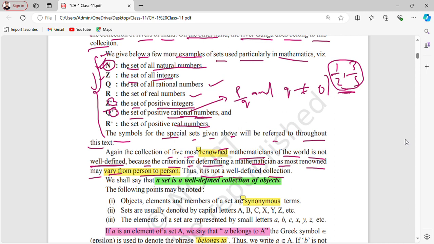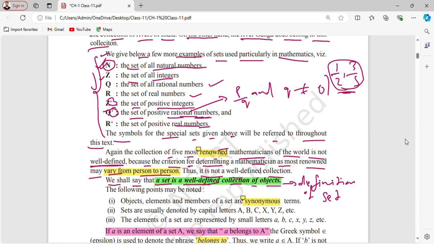So we shall say that a set is a well-defined collection of objects. That is the definition of a set. Well-defined means which we can define.